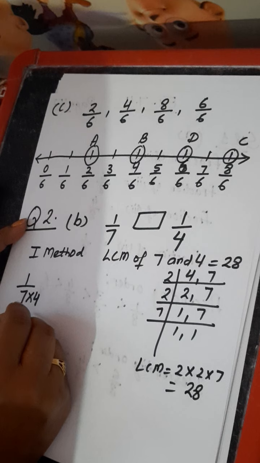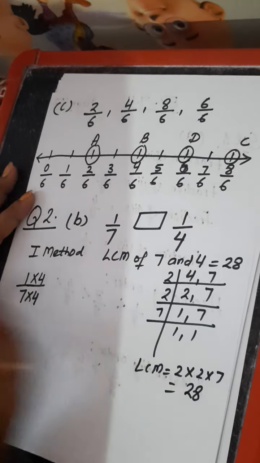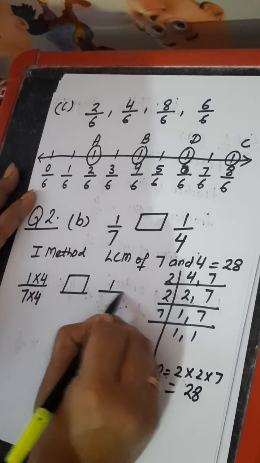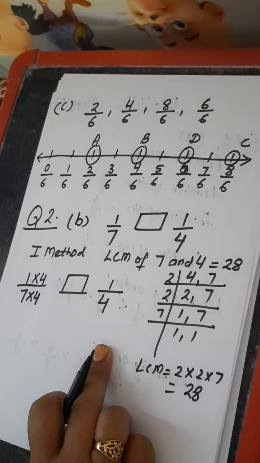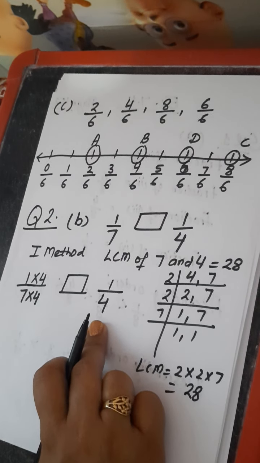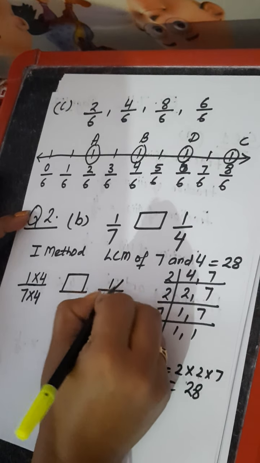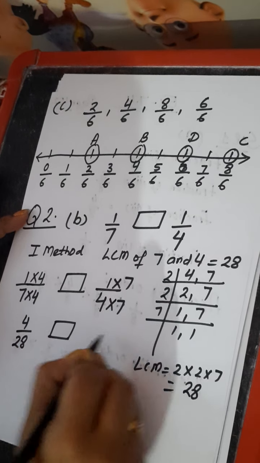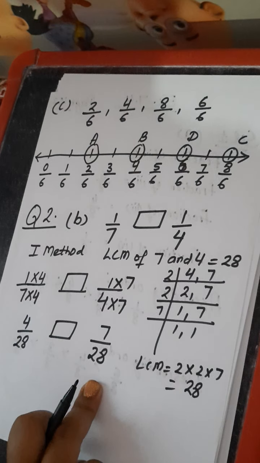If you multiply the denominator by 4, then you have to multiply the numerator by the same number 4. Now for 1/4, to compare we need 28 in the denominator. So by which number do you multiply 4 to get 28? That is 7. So I will write 4/28 and 7 upon 28.